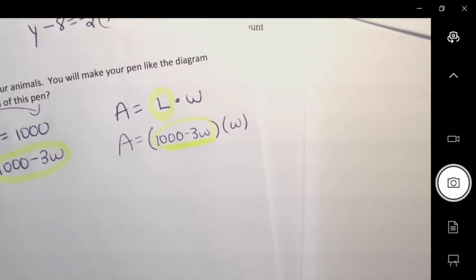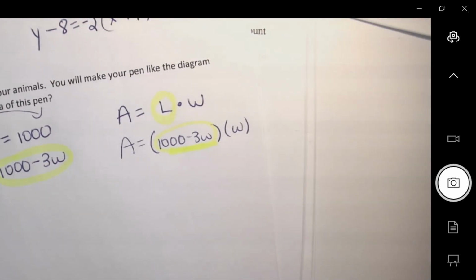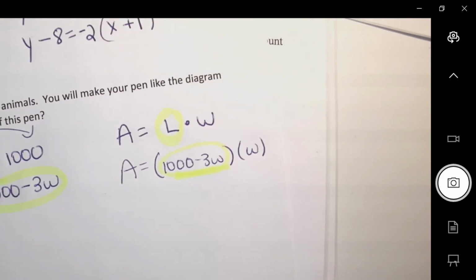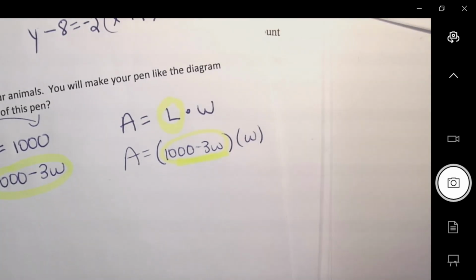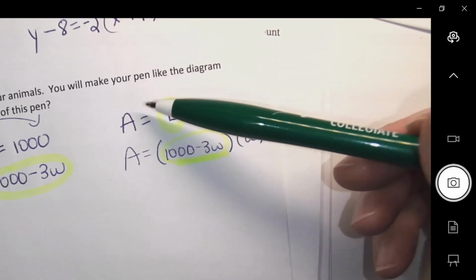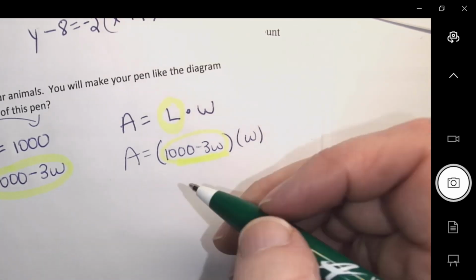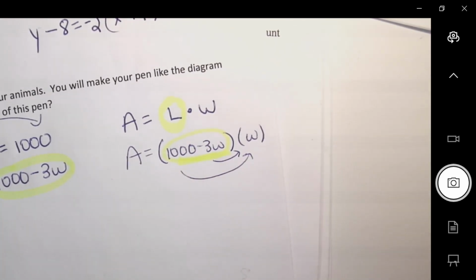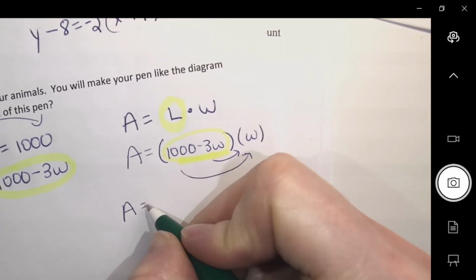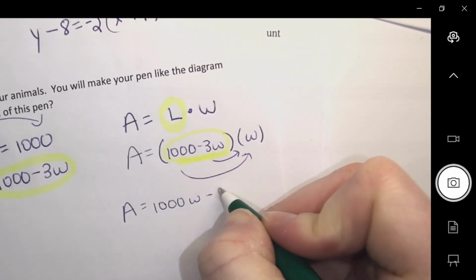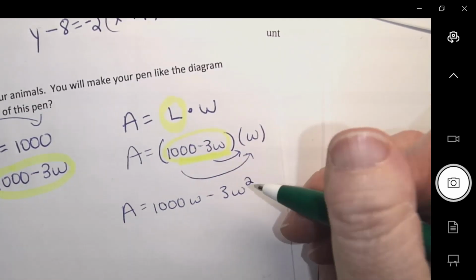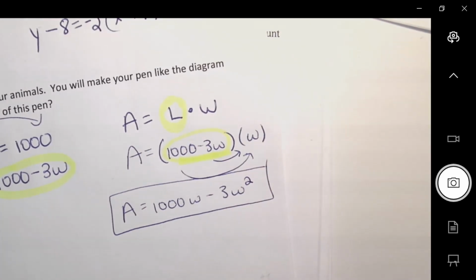Okay, so that's kind of the hard part. The rest is quadratic strategies. What should I do with this equation now? I should expand it out. And boom, you have an equation. Okay, that's our equation.